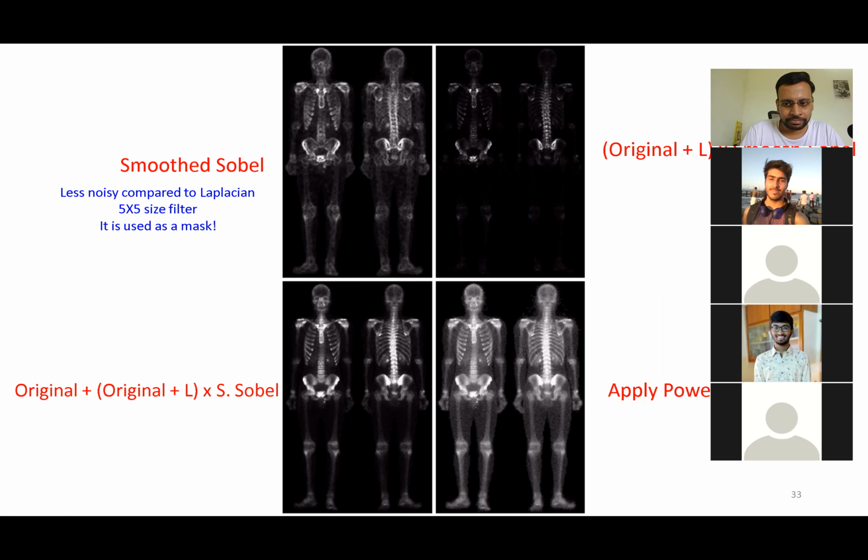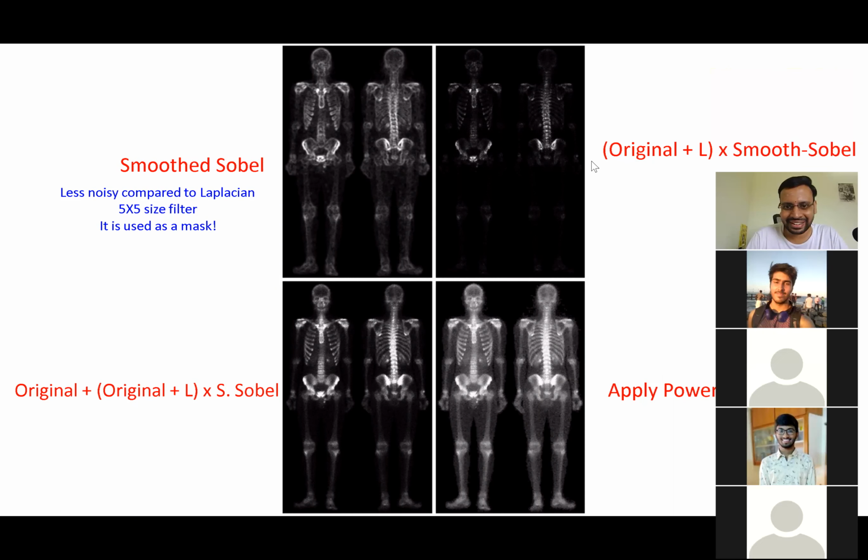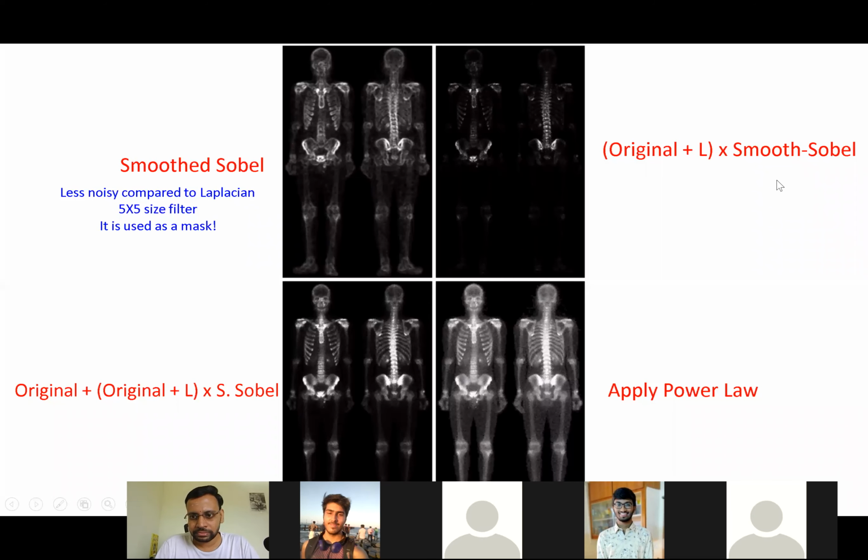Sir, in the second image, you said the original plus Laplacian into smooth Sobel. By doing into smooth Sobel, what did you do exactly? I think 0 to 255 was a wrong statement. I think it is a 0, 1 mask.